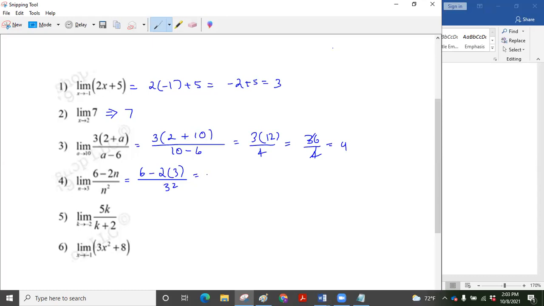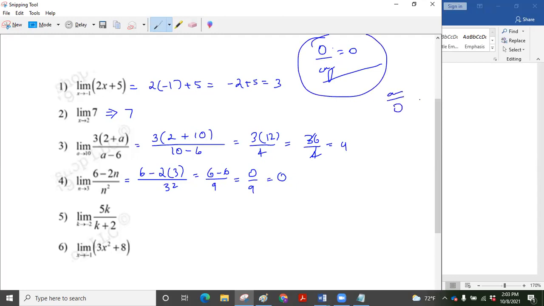So 6 minus 6 over 9 is 0 over 9. And 0 over anything is 0. Does that make sense? So it's just 0. So this is not a problem, 0 over anything. But anything over 0 is a problem.